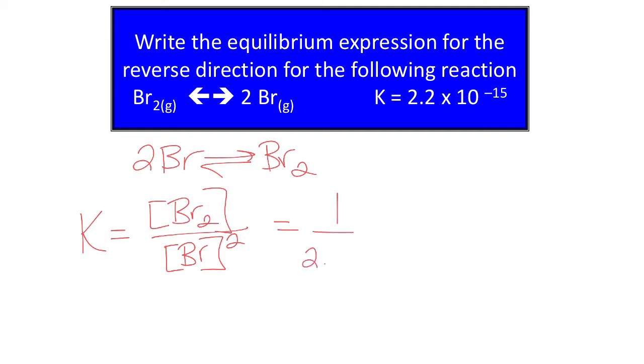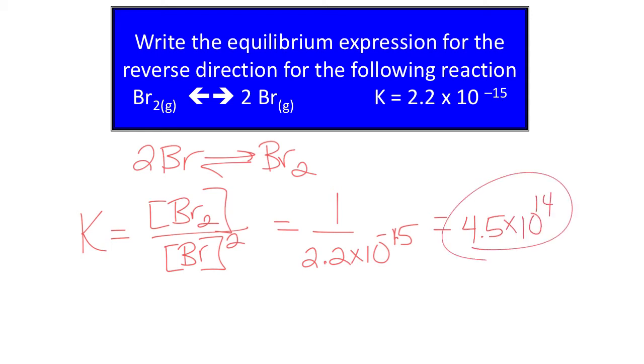So it would be 1 over 2.2 times 10 to the negative 15th. And that would give me a value of 4.5 times 10 to the 14th as the new value of K, which makes sense because going in this direction, we had a very low value telling us it was not thermodynamically favorable.